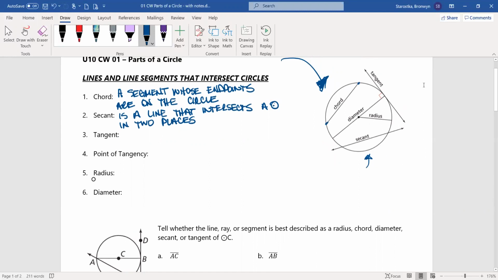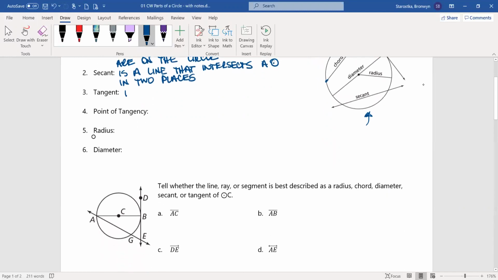The next one is a tangent. A tangent is a line that intersects the circle in exactly one point.